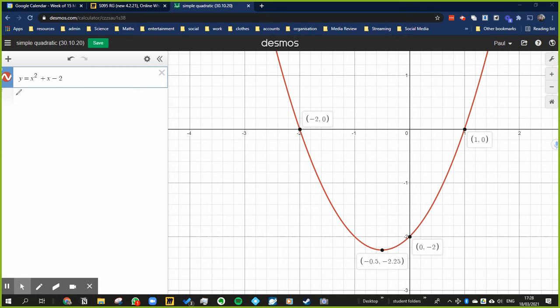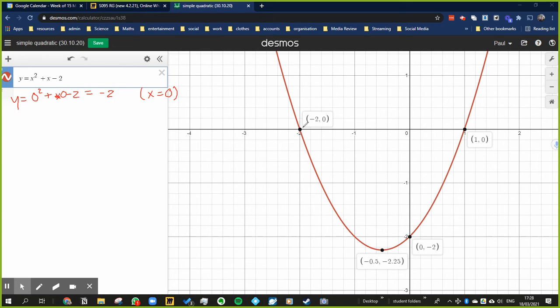So what is y when x equals 0? Well, y is equal to 0 squared plus 0 minus 2. Oops, so that should say 0. x is 0, so y is equal to -2, and that's what it is.